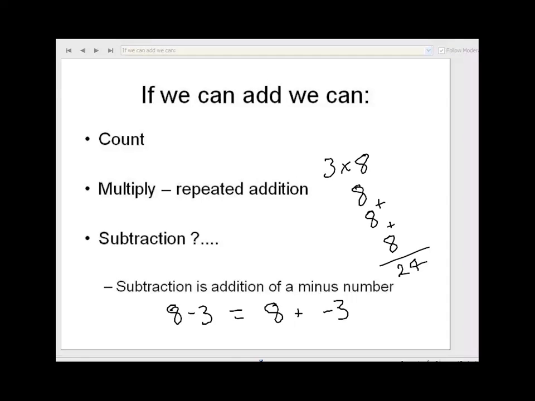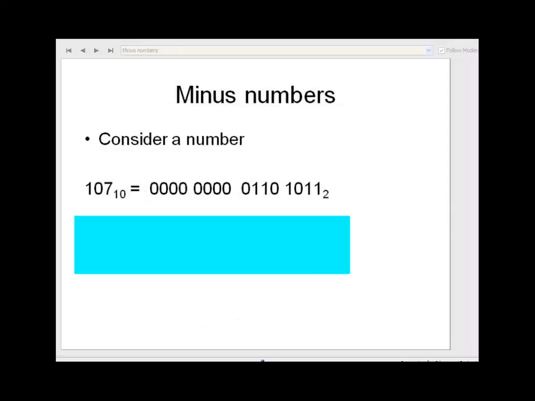So we need some way of storing negative 3 inside the computer. If we can store negative 3 inside the computer, then we can put negative 3 into our adding circuit and we'll get the correct answer, 5. So we need to find some way of storing minus 3, of representing minus 3 in binary.